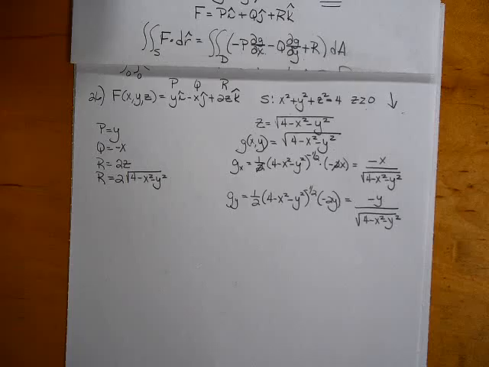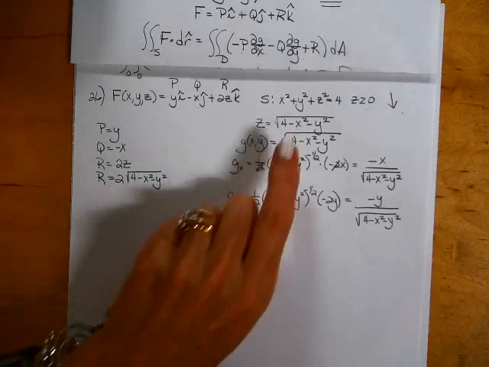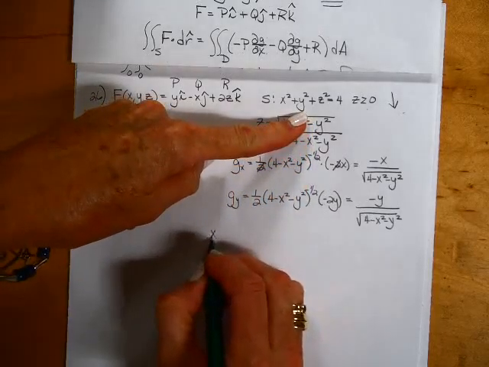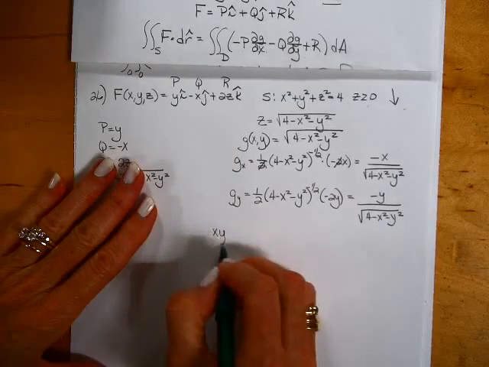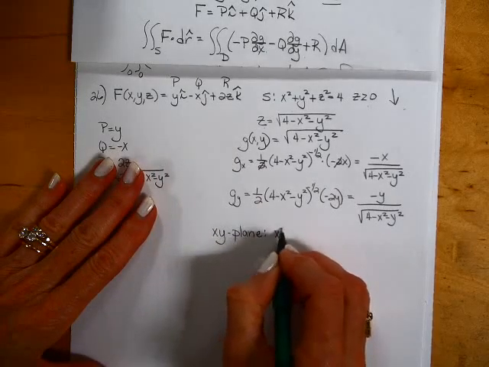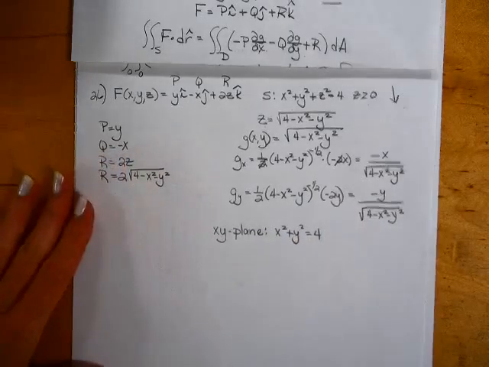I need my limits of integration. Limits of integration are going to be projected down to my xy plane because everything's in terms of x and y. So if I go back up here and project this down to my xy plane, that is going to give me x squared plus y squared equals 4.